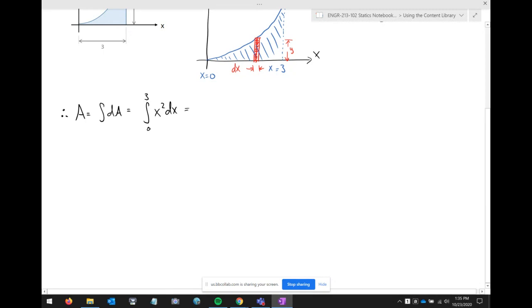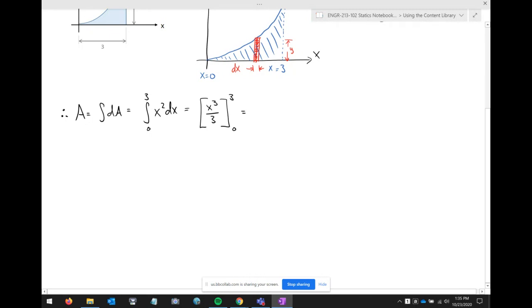Now, let's evaluate. So help me out. What's the integral of x squared? I'm going to evaluate it from 0 to 3. I know y'all know that. There we go, 1/3 x cubed. So x cubed over 3. And then how do you evaluate a definite integral?